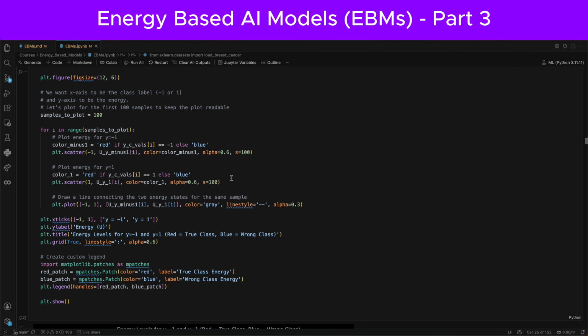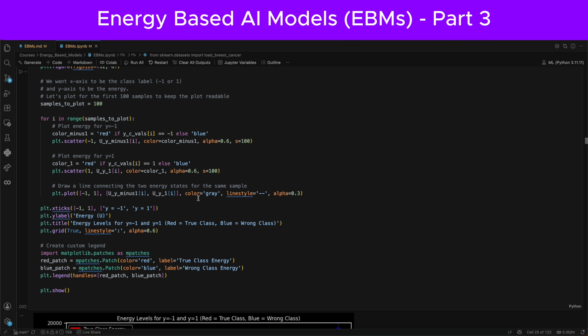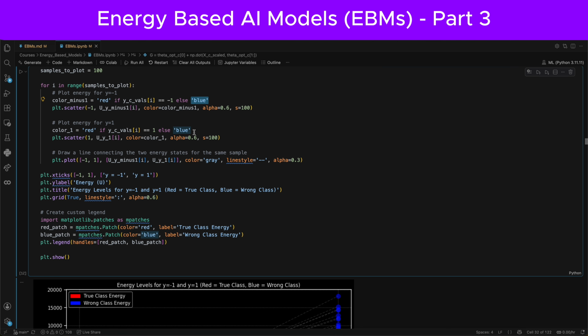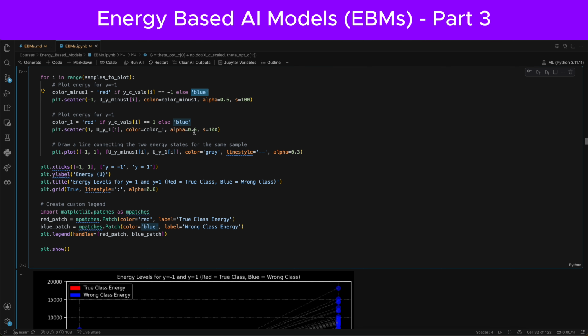To see this in practice, in the following, we loop over all the rows of the dataset and show their energies for both values of y given the same capital X. Then we color code the true y value with red and the other y value with blue to see which one really gives the lowest energy and therefore is our prediction.